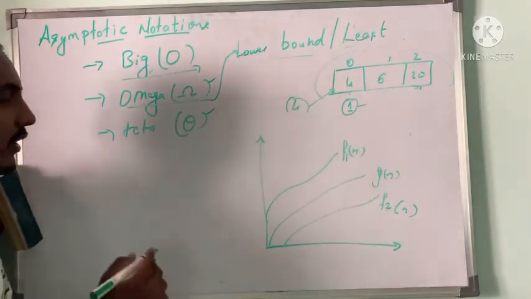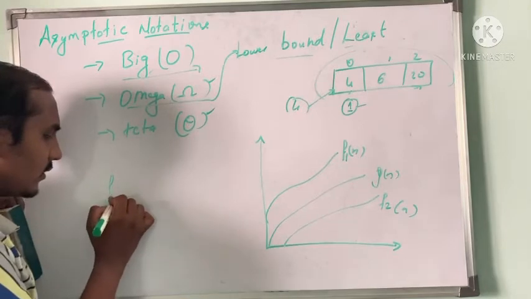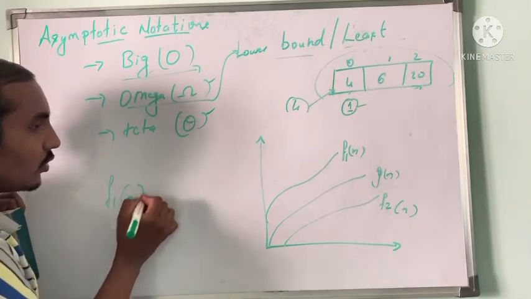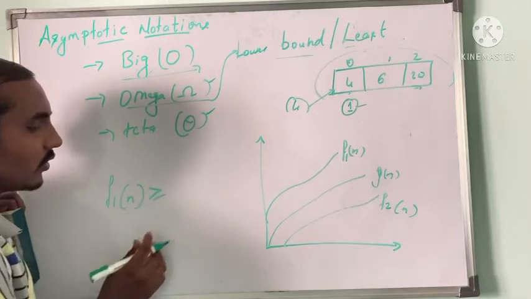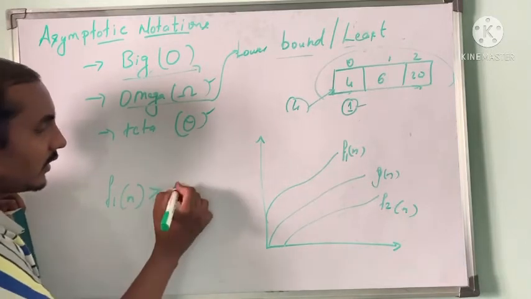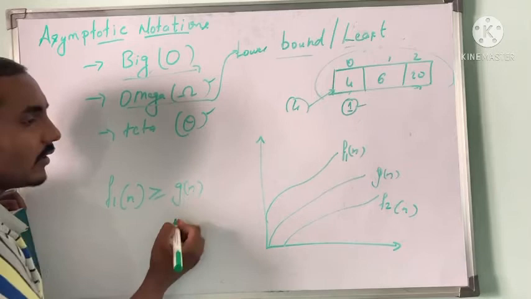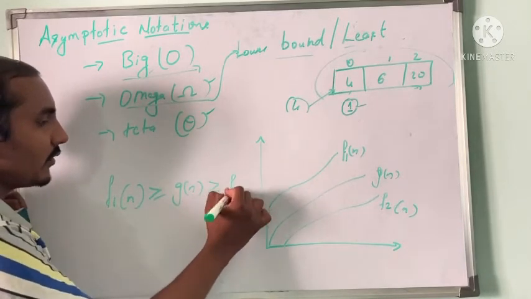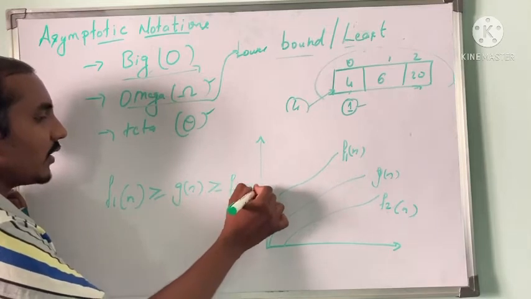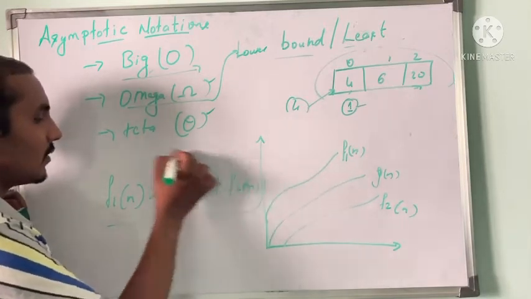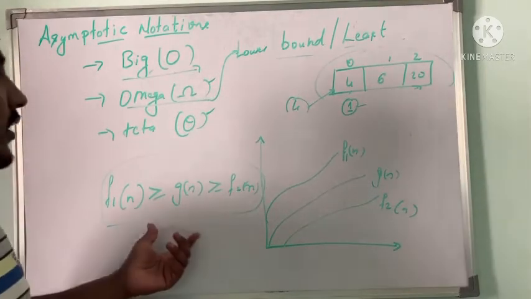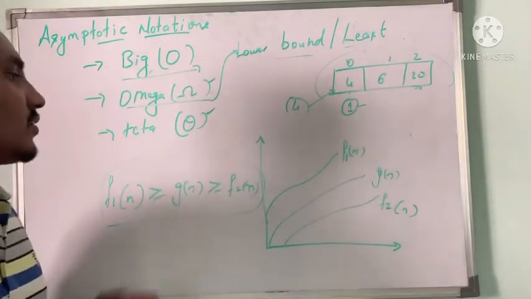Now here f1 of n is always greater than or equal to g of n, which is always greater than or equal to f2 of n. So like this we are going to represent these functions, which is theta.